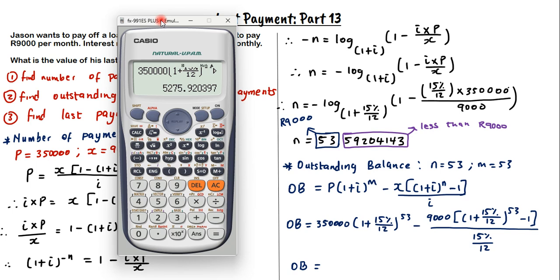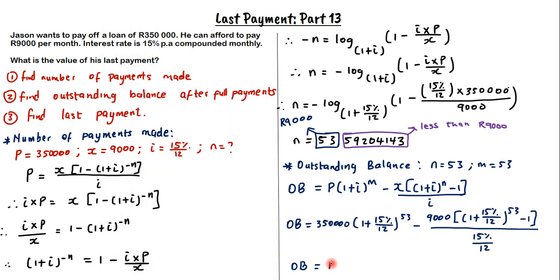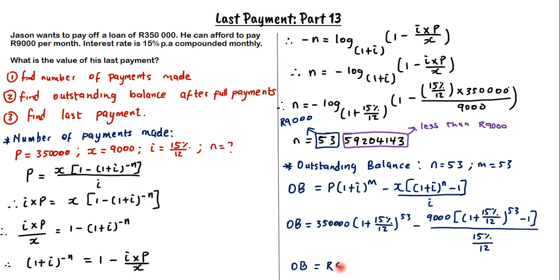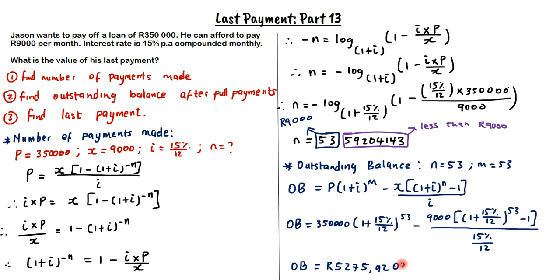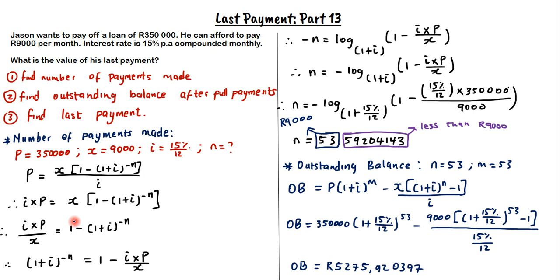Now this is our outstanding balance. Please don't think that is the final payment. That is not the final payment. It is still our outstanding balance. So it is 5275.920397, I think. Let me just check. There we go.